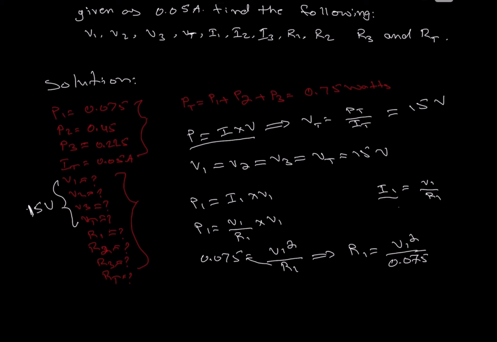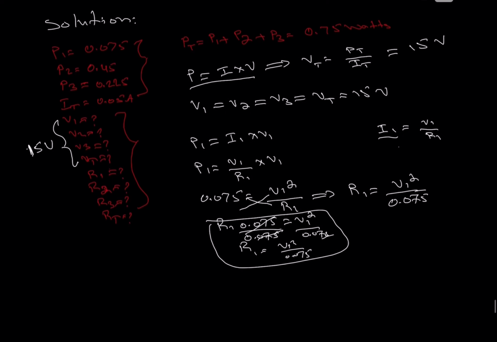These two multiply together, these two multiply together, which gives R1 times 0.075 equal to V1 squared. Now multiply both sides by 0.075, these will cancel out, so R1 will be equal to V1 squared over 0.075. So that's how we ended up here.